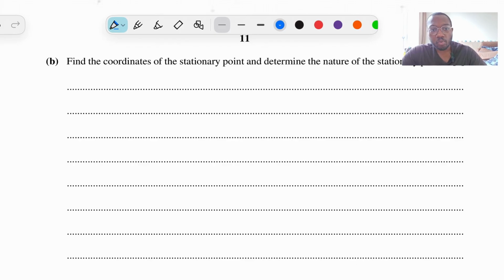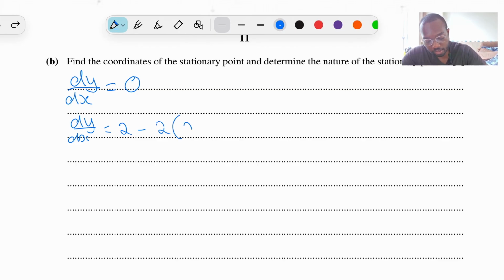So what do we know? We know that dy over dx equal to 0 will give us our stationary point. In our case, dy over dx is equal to 2 minus 2, and then that's 2x plus 1 to the minus 2, and that would have to equal 0.